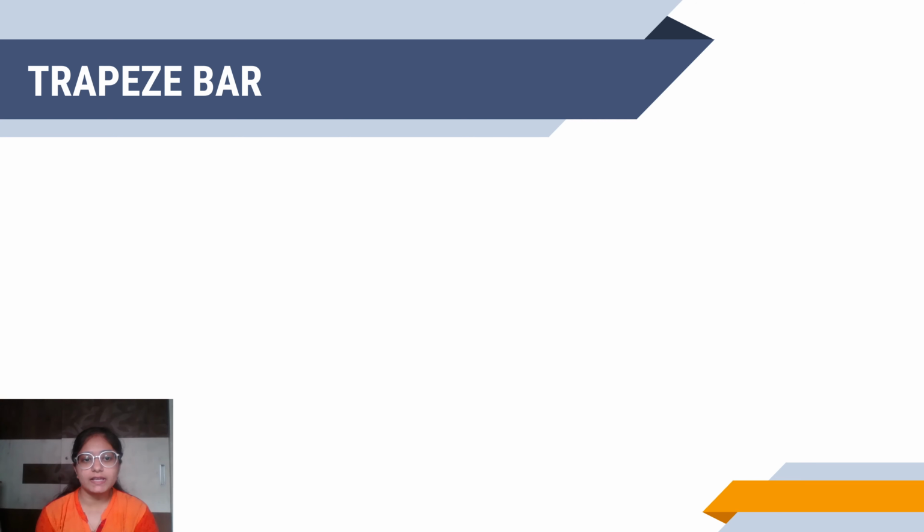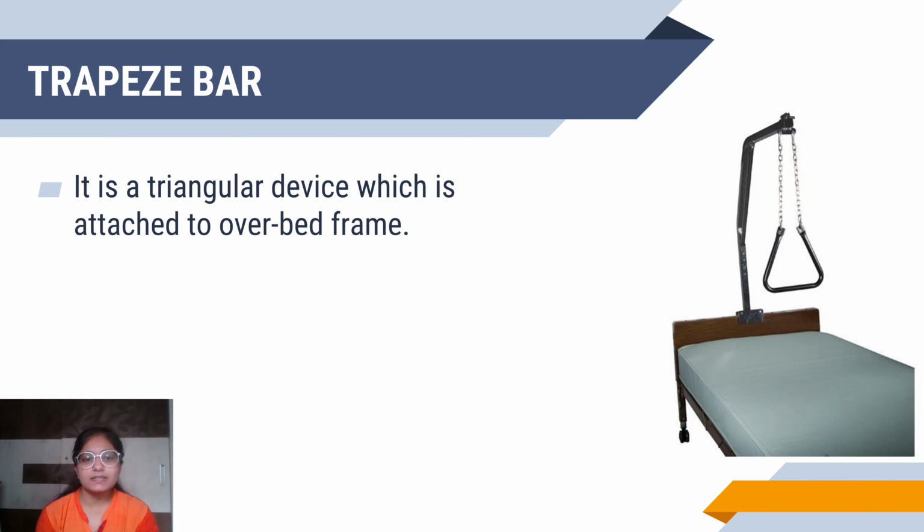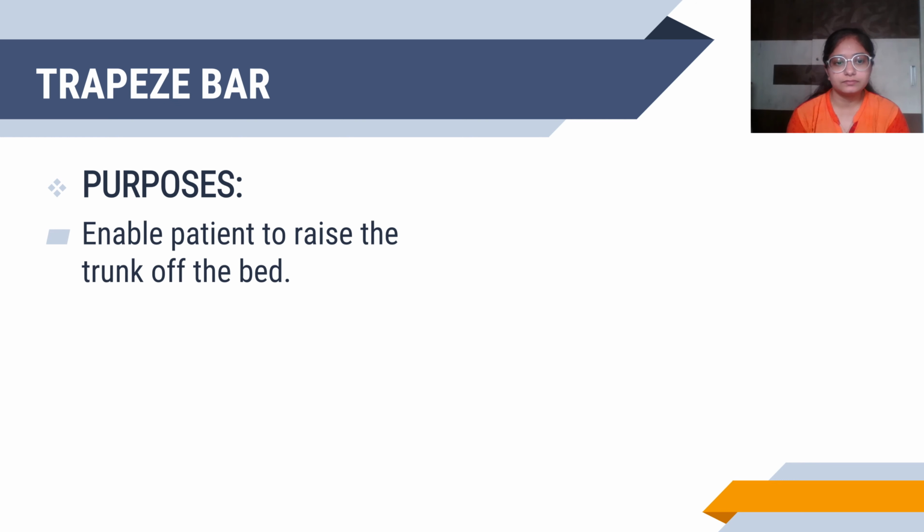The next comfort device is the trapeze bar. This is the picture of a trapeze bar. It is a type of triangular device which is attached to the overbed frame as seen in the picture. Now what are its purposes?